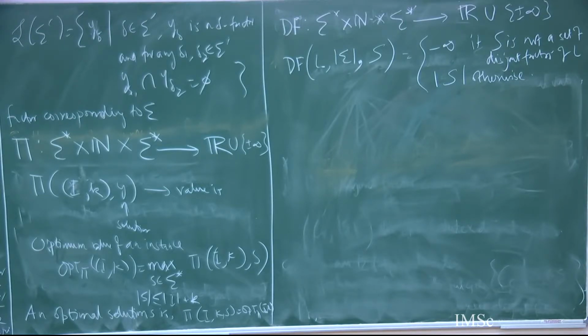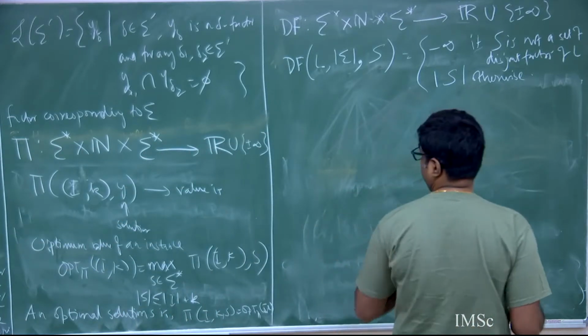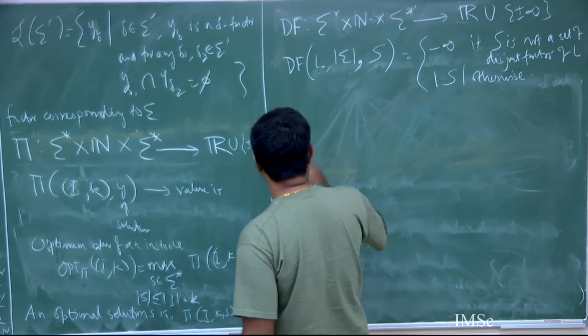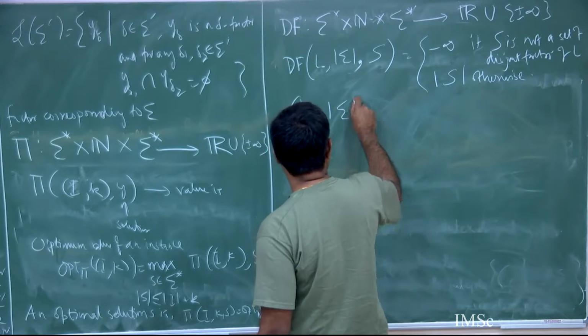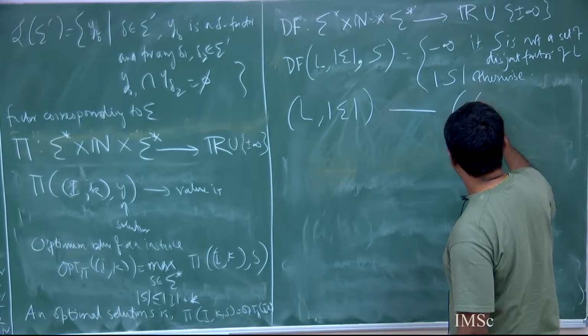So now what I'm going to give you is a lossy kernel for this. What I mean by a lossy kernel: the input is going to be L and sigma, and I'm going to output some L prime.